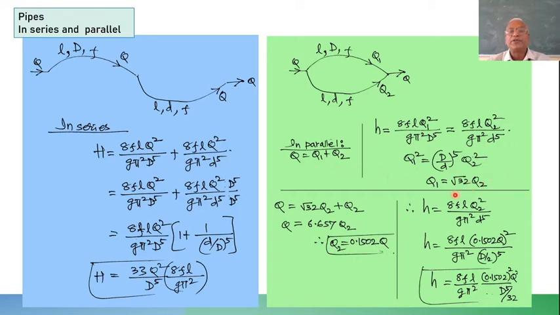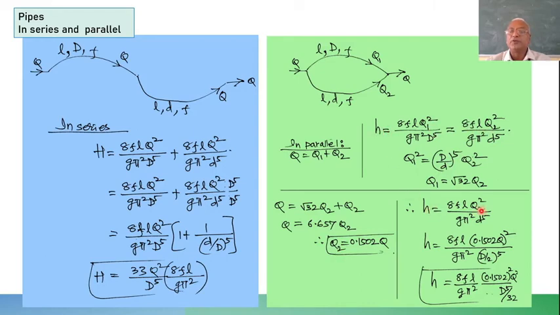So I got two equations. Clubbing them, Q is equal to Q1 plus Q2, that is root 32 Q2 plus Q2. Hence Q becomes 6.657 Q2, or Q2 becomes 0.1502 Q. Now I'll use this Q2 for calculating h.